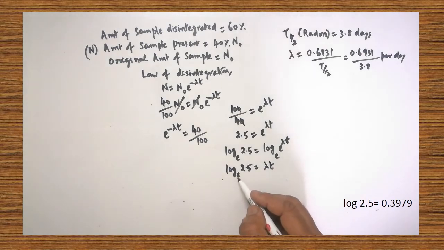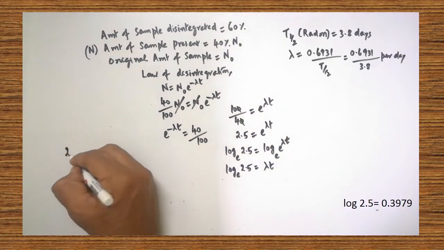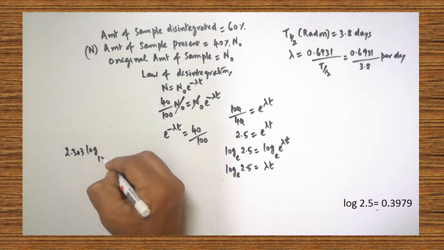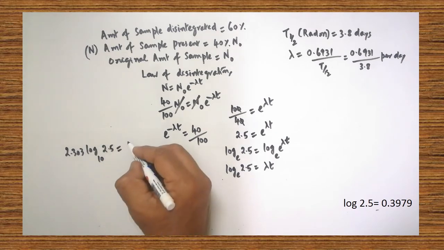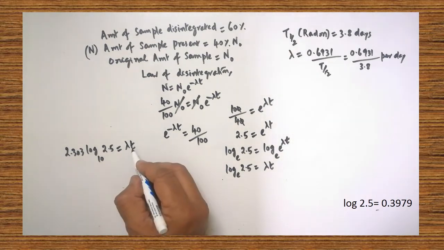Now in the LHS part, the base is e, which should be converted into base 10. So I'll write 2.303 log to the base 10 of 2.5 is equal to lambda t. What is required?